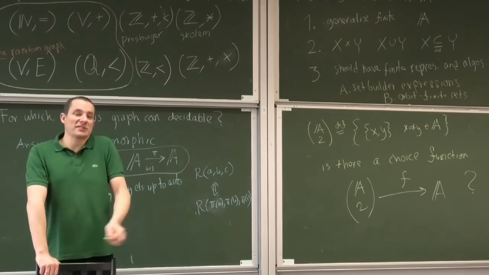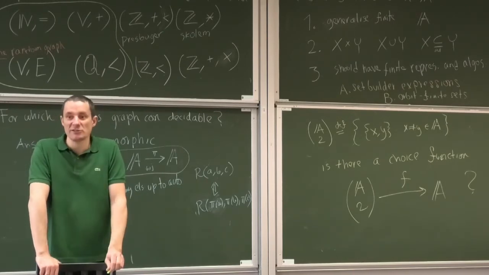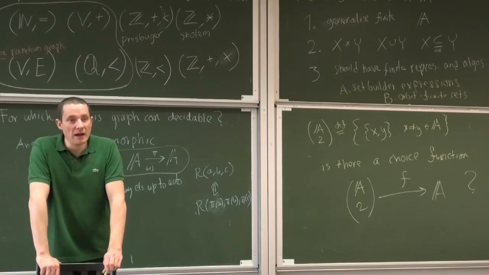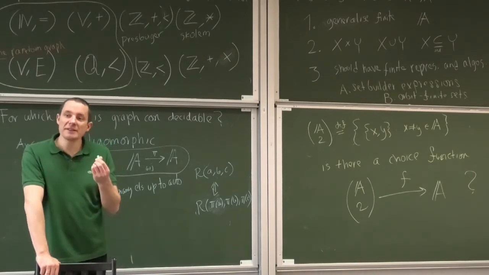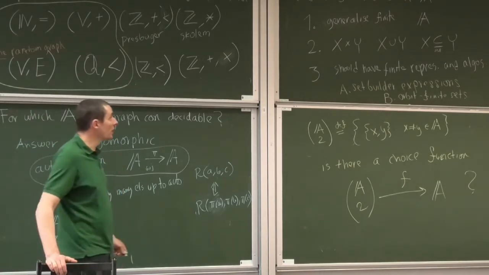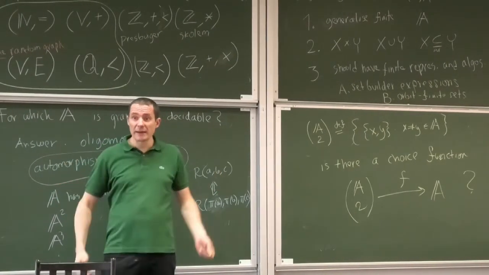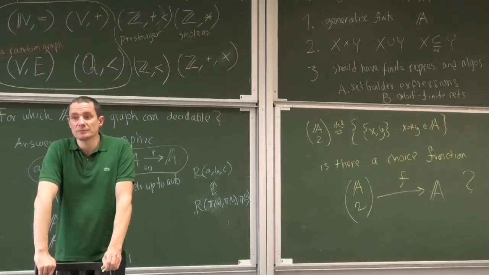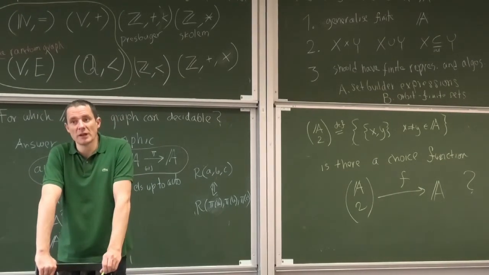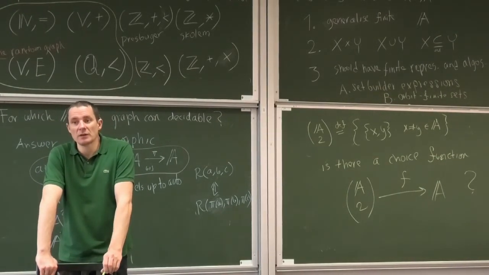But that doesn't go a long way as a solution. So why is there no choice function in this discipline? I mean, described by a set builder expression. You can consider automorphism swaps x and y.